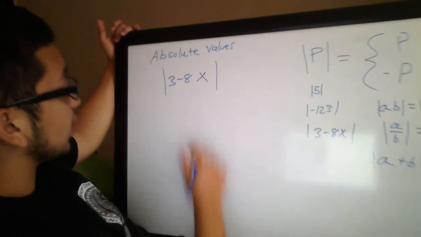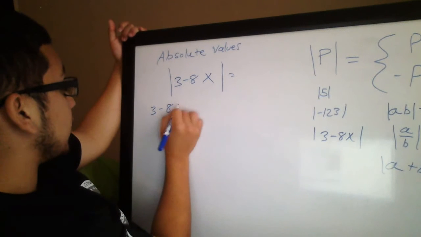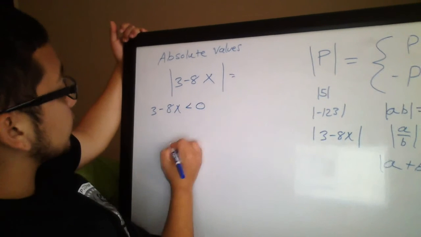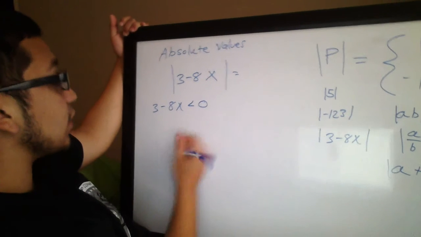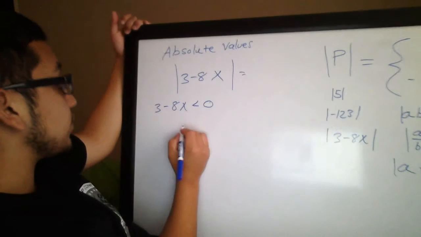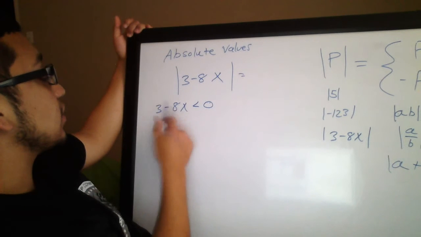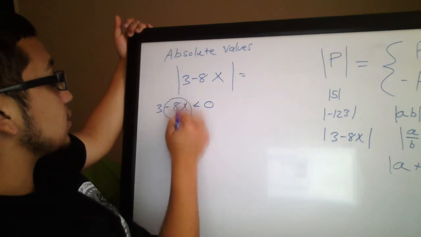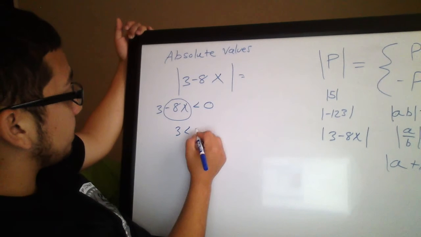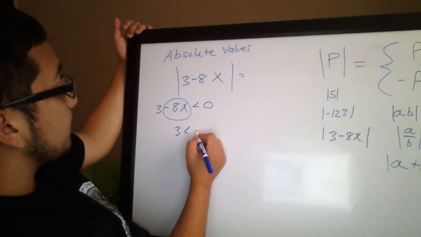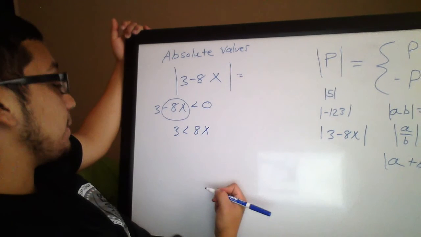So let's do that. This guy is going to equal 3 minus 8x is less than 0. So we need to solve for x. First things first, we're going to move this term to the other side to make it positive. So we have 3 is less than 8x.